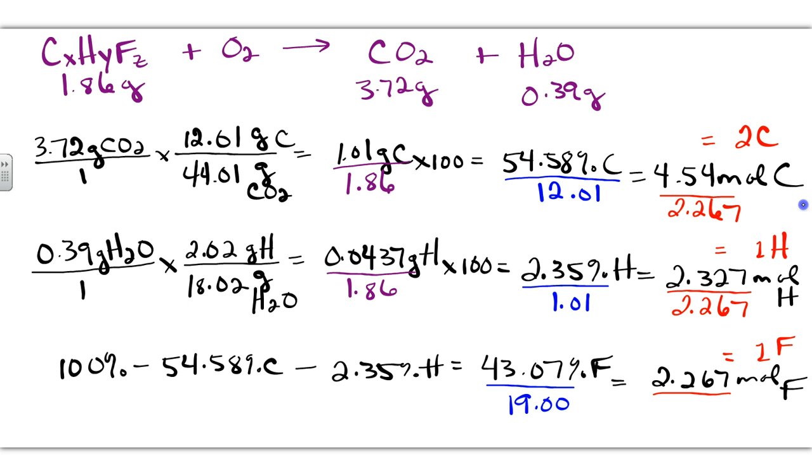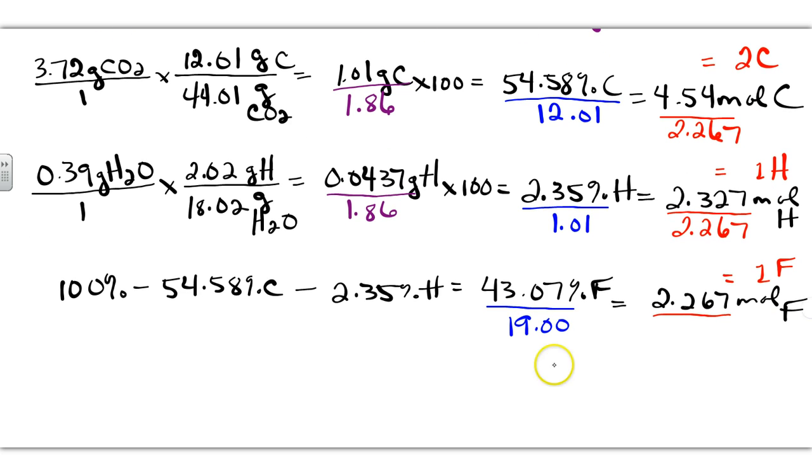So our formula is C2HF, and that's the empirical formula. Again, we'd have to have the molar mass or the molecular weight in order to find out the molecular formula.